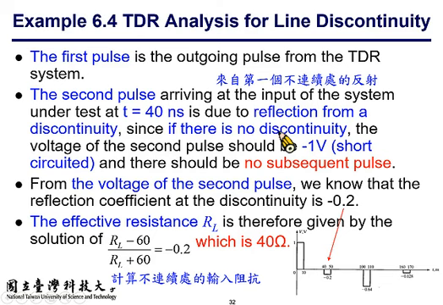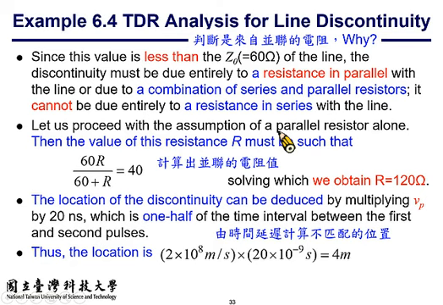And because this reflection coefficient is negative, it's in a shunt configuration, not in a series configuration. If the discontinuity were in a series configuration, then what? Then we would have a reflection coefficient greater than 0. All right.